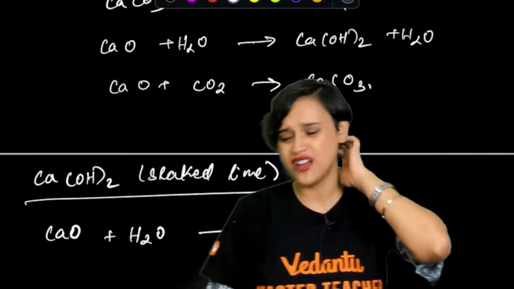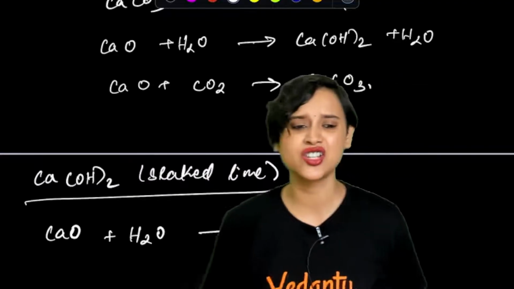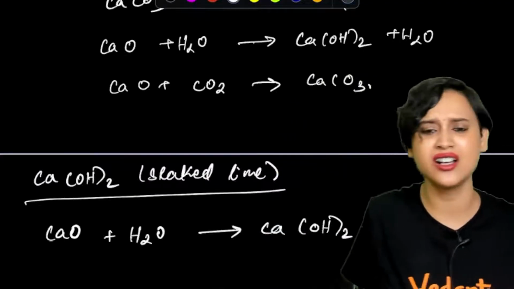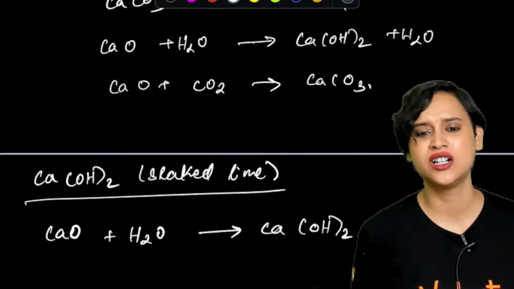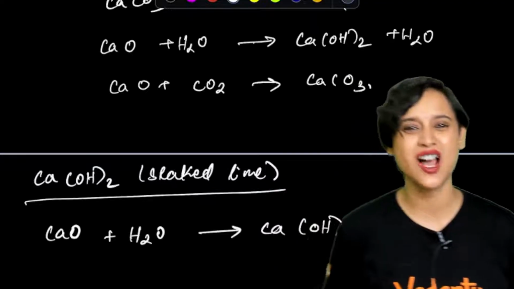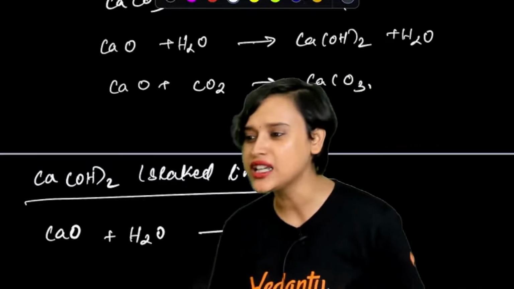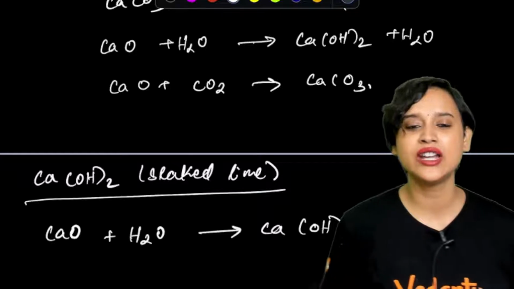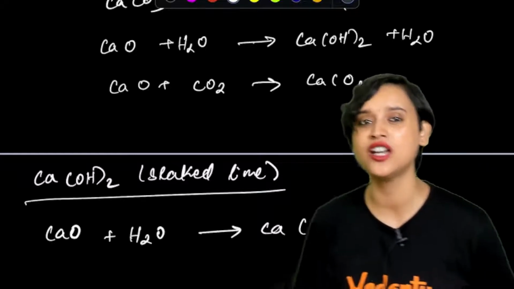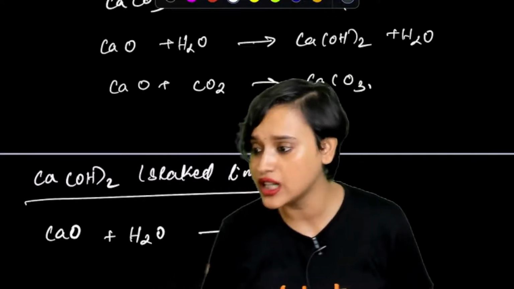And then you have those very basic reactions which you have learned in your younger classes: lime water, when you mix carbon dioxide, will turn milky. And when you add excess carbon dioxide, the milkiness disappears, isn't it?